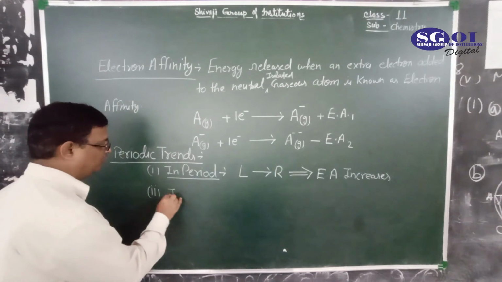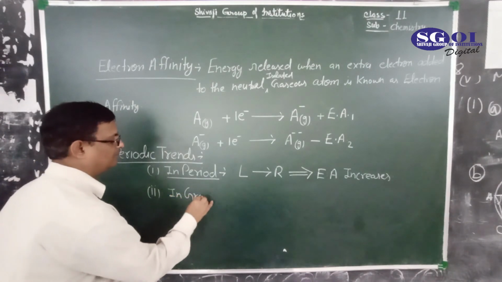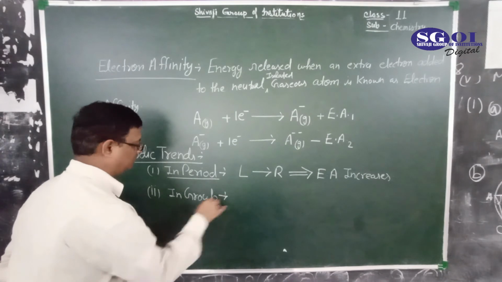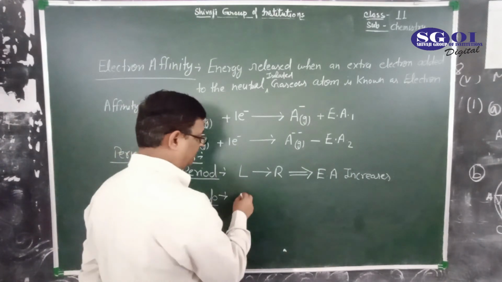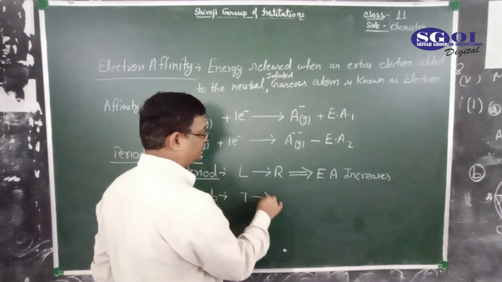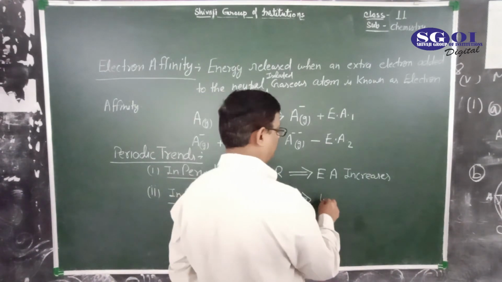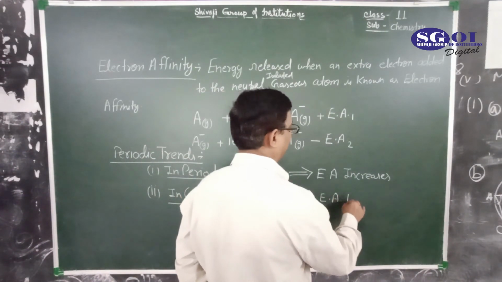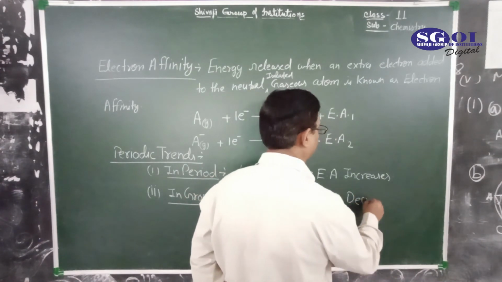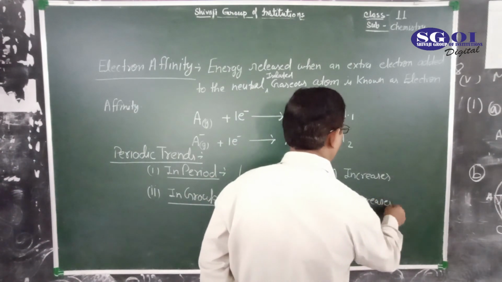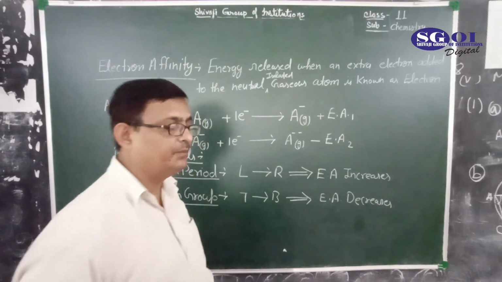Now the periodic trend in a group. When we move down a group from top to bottom, electron affinity decreases. Why does it decrease in a group?